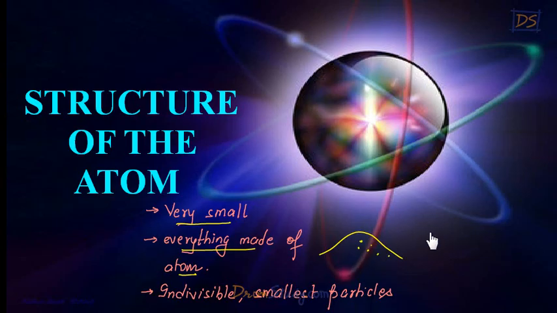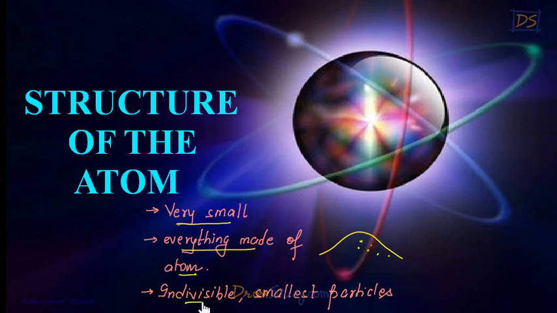The pen, pencil, eraser, whatever you use in your geometry box, they are all made of atoms. Wall, bricks, table, chair, even our body, and the computer in front of you are made up of small atoms. Everything on this earth is made up of small atoms, students, right?